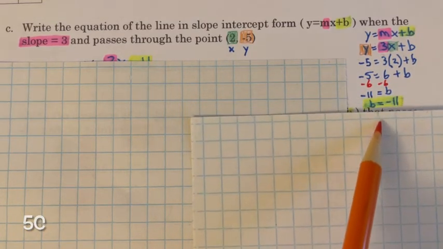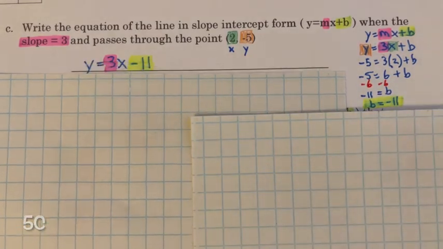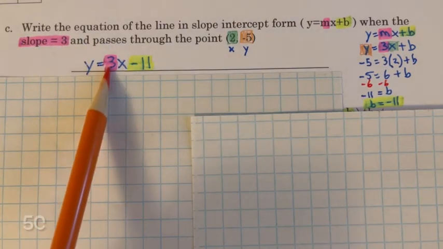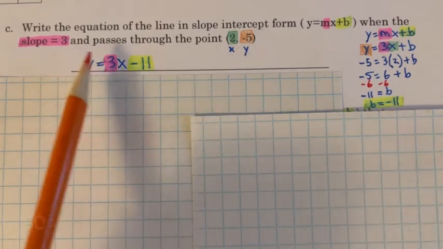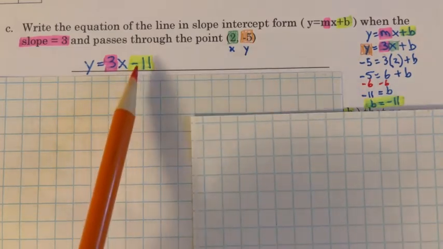So we have b equals -11. So now we have everything to write this in slope-intercept form. The slope was given to us, the m, and the b, the y-intercept we just solved, which equals negative 11.